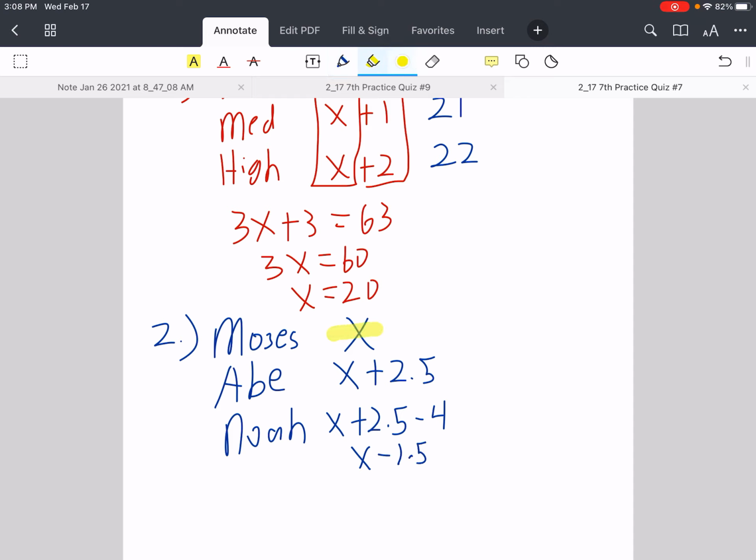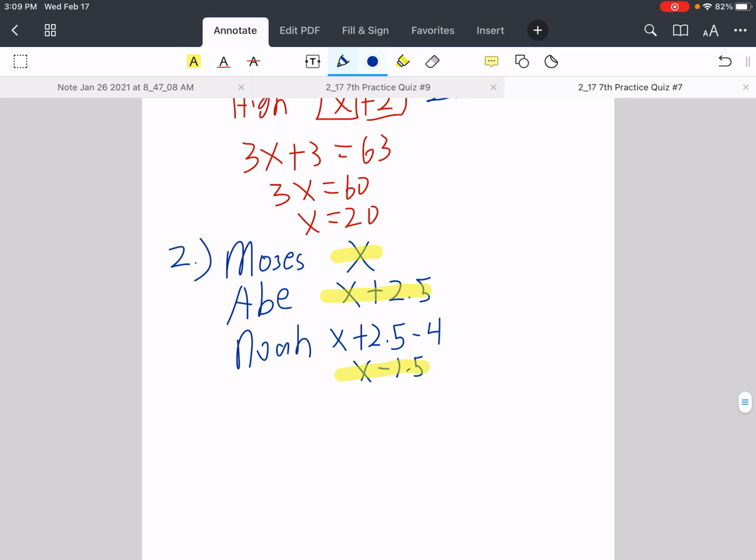So Moses has x, Abraham has x plus 2.5, Noah has x minus 1.5. Add those up, you get 3x plus 1, and they have a total of $64.